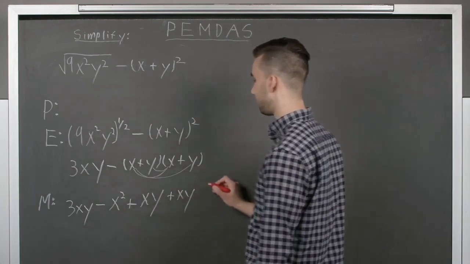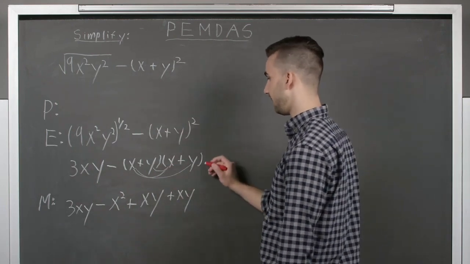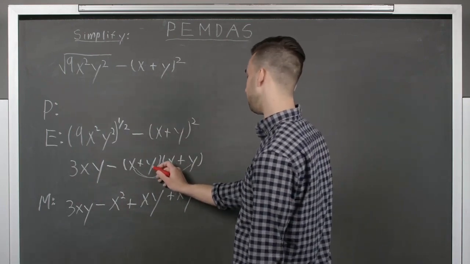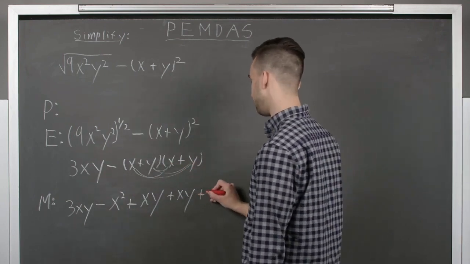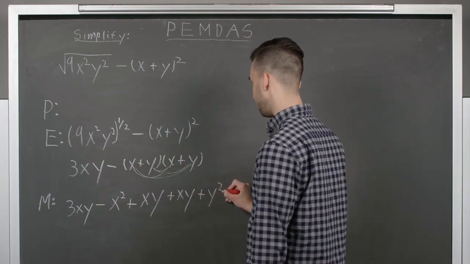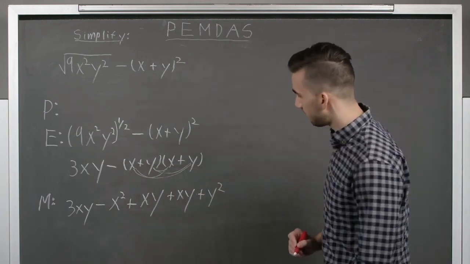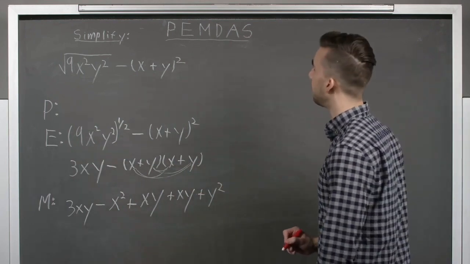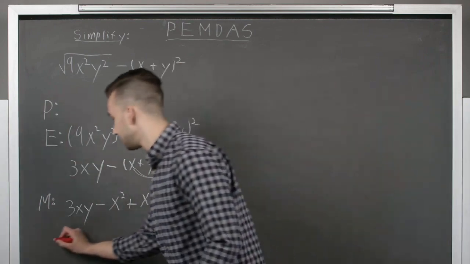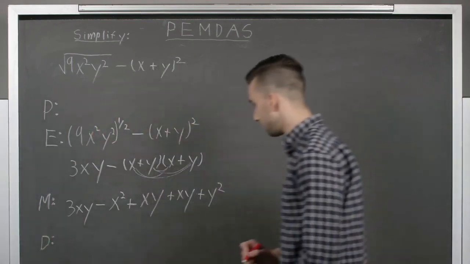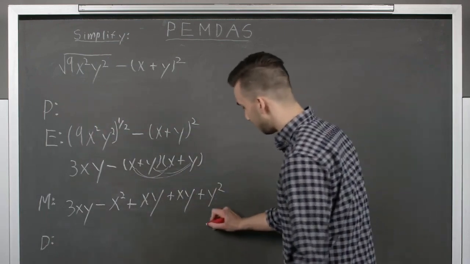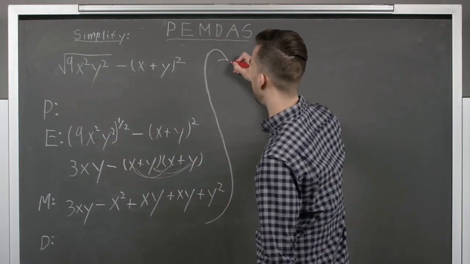So another x times y. Then our last one, we have y times y is y squared. Now we can do our division step. Is there any division we can do? No. So let's bring it up here so I have some more room.